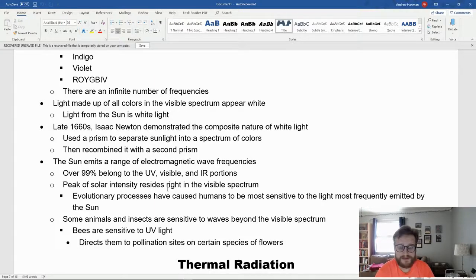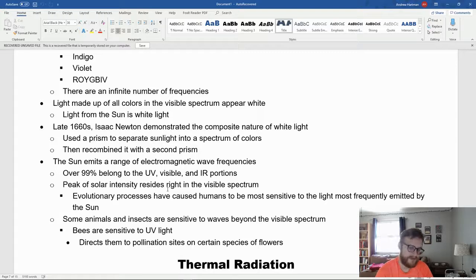The sun emits almost all over the electromagnetic frequency chart, but 99% of it belongs to the UV, visible, and IR portions. The peak of the solar intensity is right in the visible spectrum, at that yellow-green area. And again, they say evolutionary processes have caused humans to be most sensitive to the light most frequently emitted by the sun.